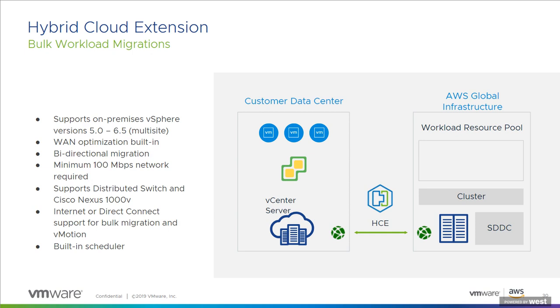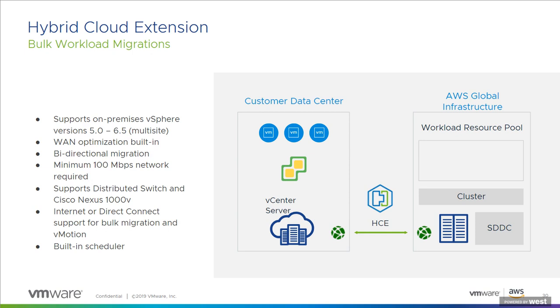So as we're migrating workloads from on-prem into VMC, that traffic's actually optimized. We can do things like bi-directional migration. So once I migrate my workloads into VMC, if I have a requirement to bring them back to on-prem, that's fully supported and comes as part of the solution.